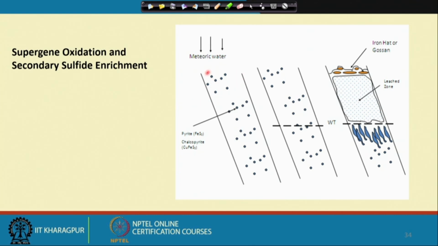This has been a primary metal sulfide ore body with abundant pyrite, FeS2, as the dominant mineralogy, along with other sulfide minerals like chalcopyrite, galena, sphalerite. And suppose this particular ore body is now exposed to the surface.